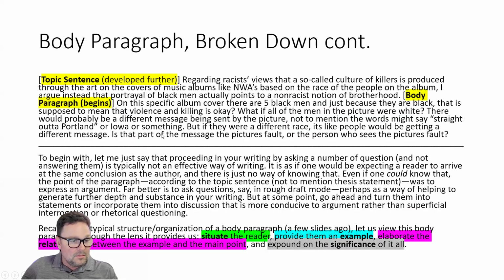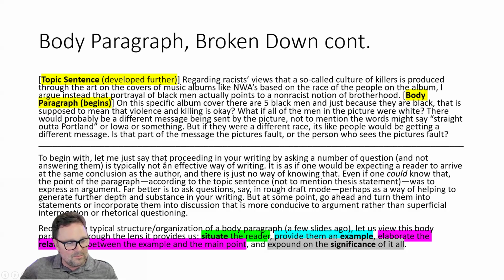So, let's work on developing or revising the rest of this body paragraph and see what we can see with it. Maybe we can come up with something that works more effectively with this revised topic sentence.